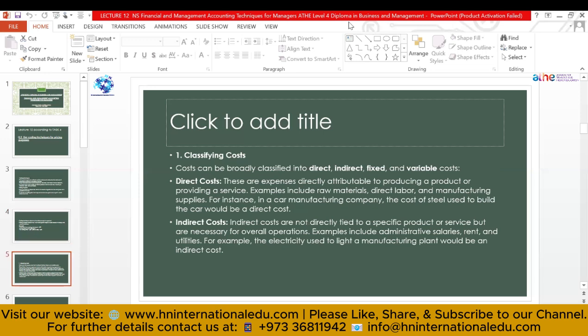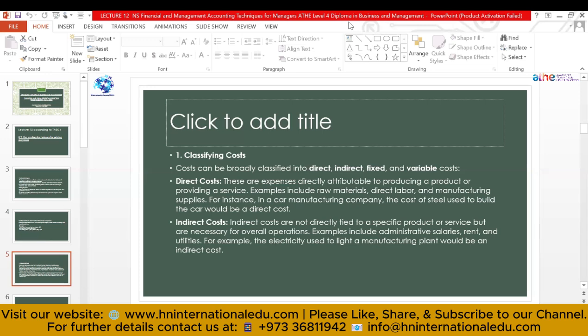Now, according to your indicative content, the first point was classifying cost. Cost can be broadly classified into direct, indirect, fixed, and variable cost. Direct costs are expenses directly attributable to producing a product or providing a service.